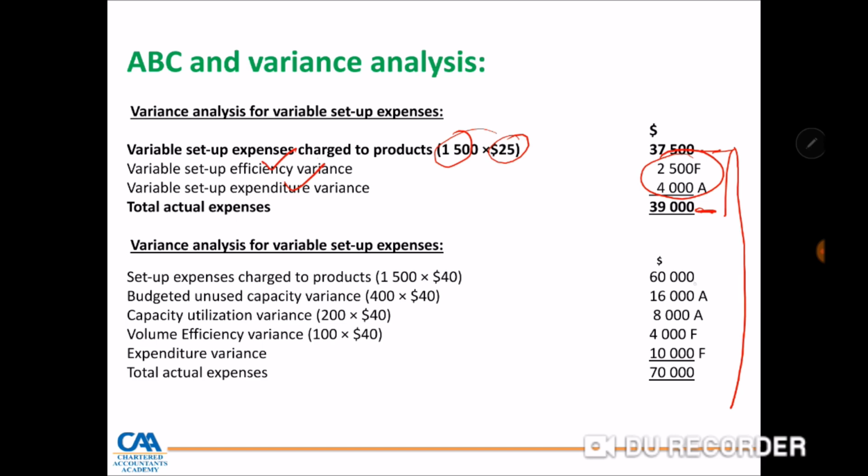Then it can also further be analyzed from a fixed overhead perspective: total actual expenses, then setup expense charged to products, then I do my fixed overhead capacity utilization variance and used capacity utilization and volume variance to give me this 70,000.